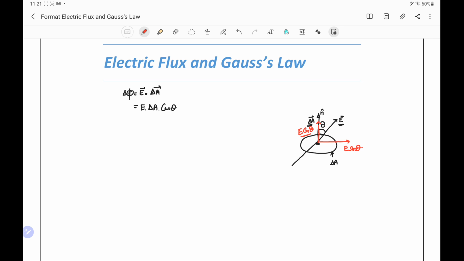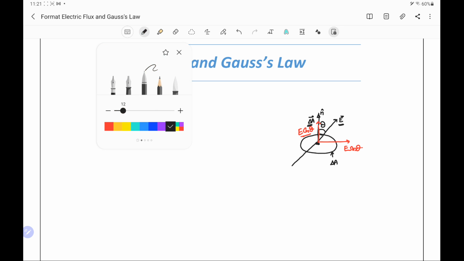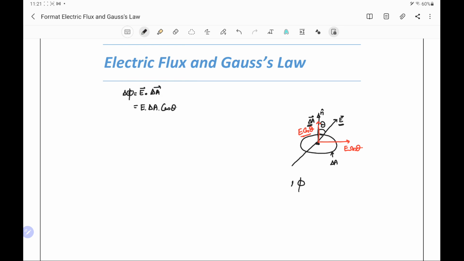Hence we can say that flux passing through the surface area delta A is the component of electric field which is perpendicular to the plane of the surface, that is the E cos theta, multiplied by the area. Hence it is E delta A cos theta, or we have written E dot delta A. The same thing we have written here.